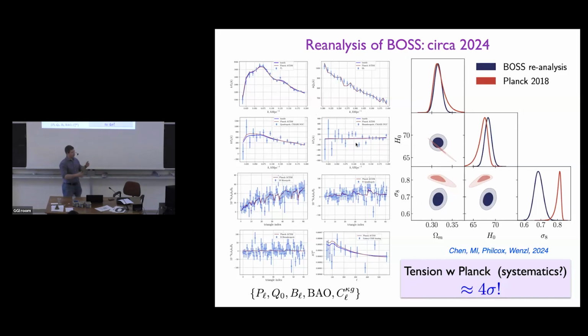So BOSS has coverage for the North Galactic Cap and South Galactic Cap, and also it has a redshift coverage going roughly from redshift 0.2 to redshift 0.8, and this galaxy distribution then is split into 2 bins, more or less, that are called Z1, Z2, or low Z, CMASS. You can do different selections. So there will be basically four copies of this data set.